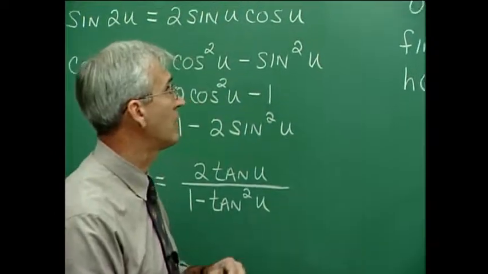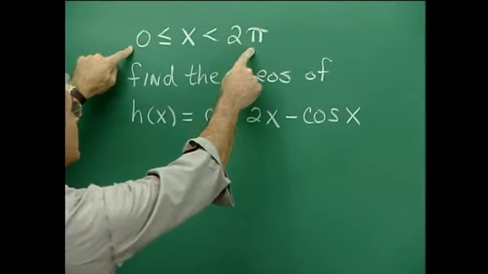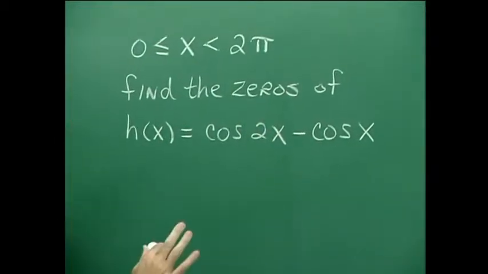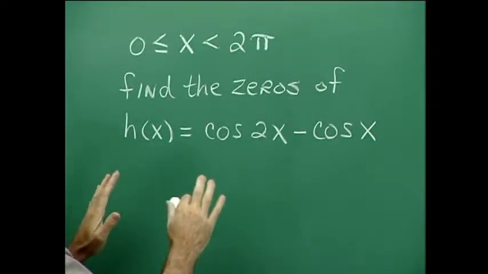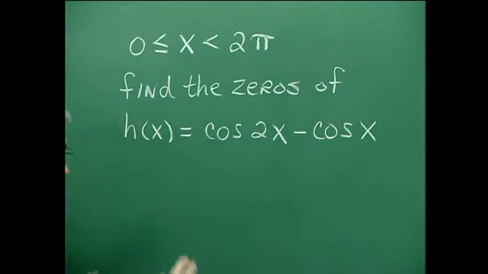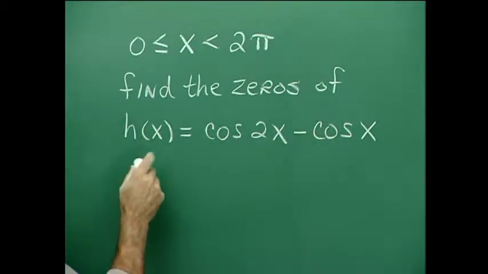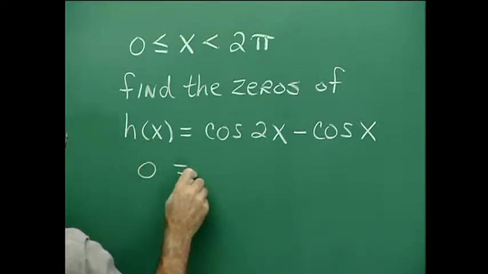Okay, consider this problem. Suppose we're talking about x in the interval from 0 to 2 pi, and we want to find the zeros of this function. The zeros are the places where the graph crosses the x-axis. Zeros, factors, all of that comes into play here. For the zeros of this function, we just set h of x equal to 0 and solve.